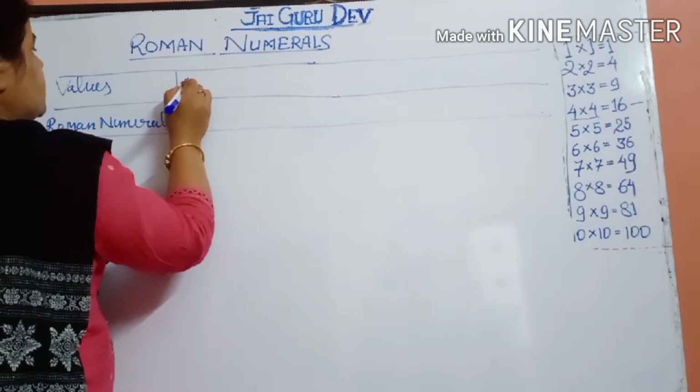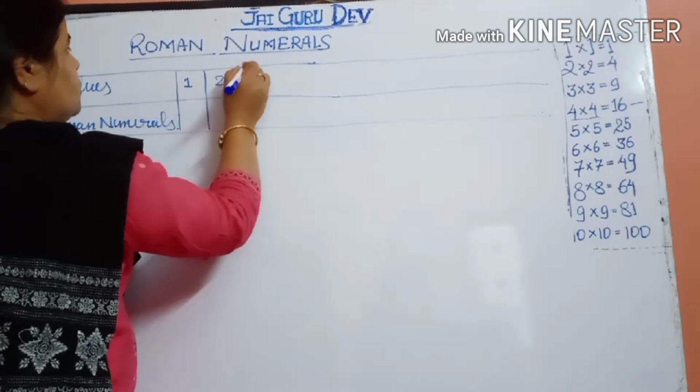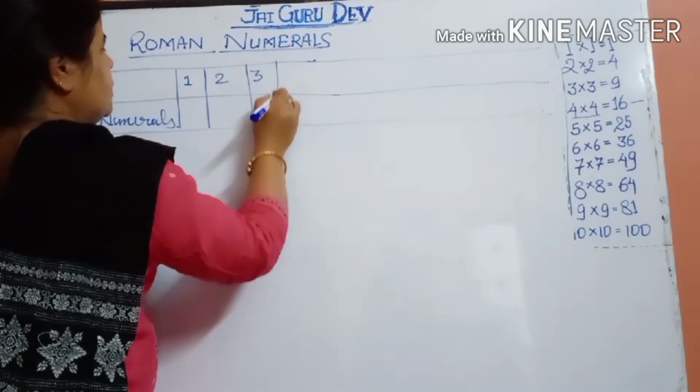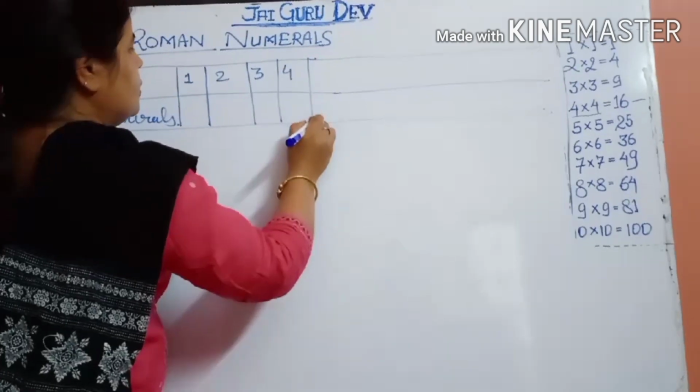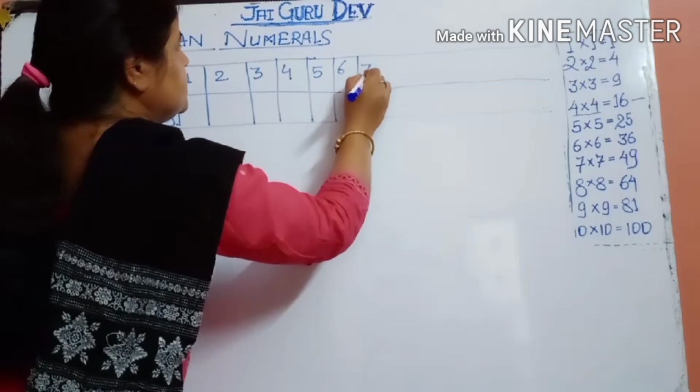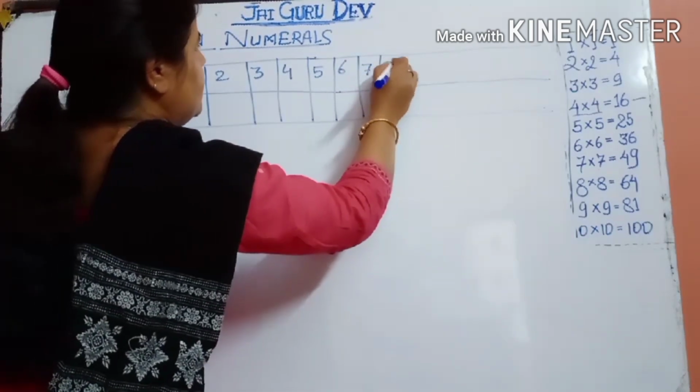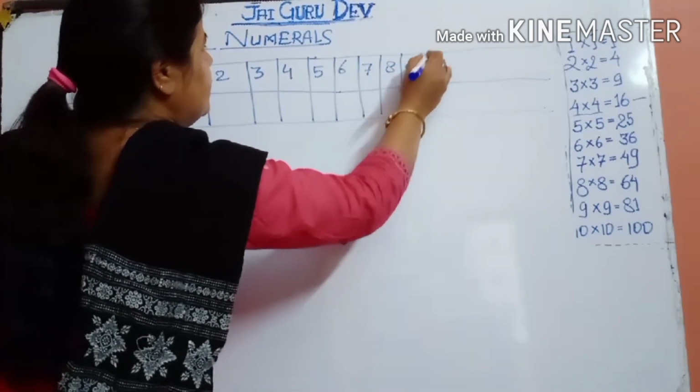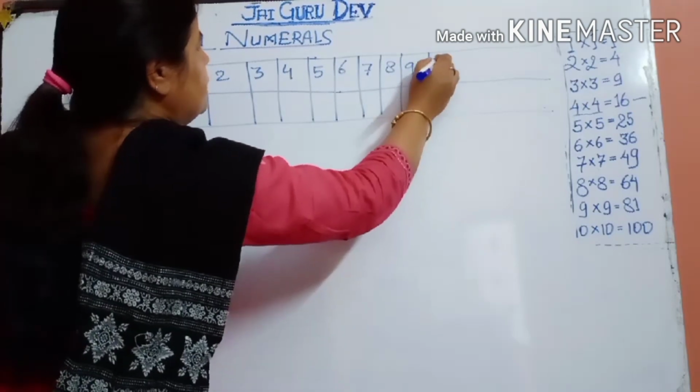Suppose the values are 1, 2, 3, 4, 5, 6, 7, 8, 9 and 10.